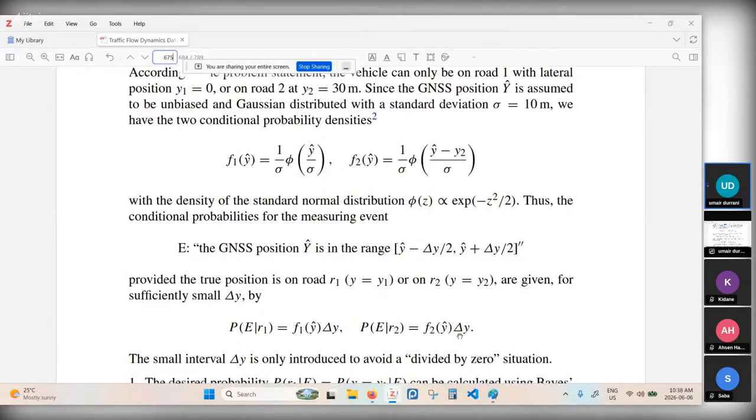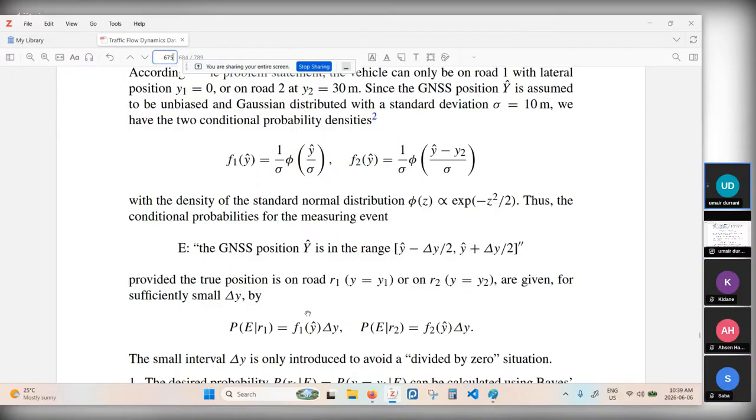In simpler terms, without getting bogged down by the notation, what it's saying is that given that the vehicle was on R1, what is the probability of getting these coordinates that we got? What is the chance that you will get these coordinates of y hat of 0 that is given to us if you are on R1?